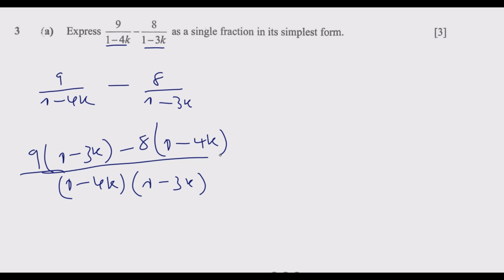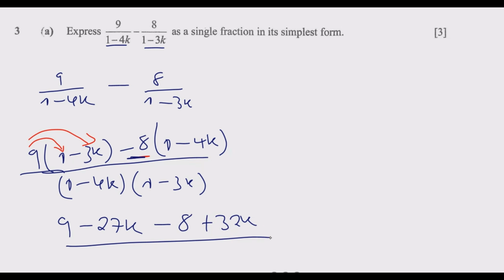We start with 9 multiplied by 1, which is 9, then 9 multiplied by negative 3k, which is negative 27k. Then negative 8 multiplied by 1 is negative 8, and negative 8 multiplied by negative 4k is positive 32k.